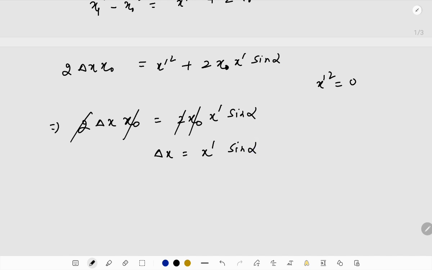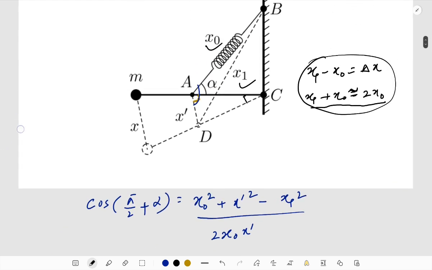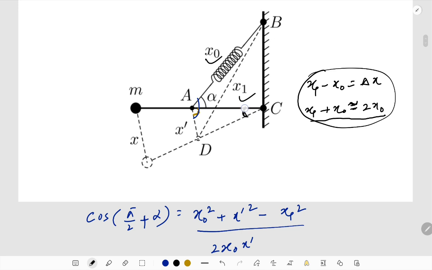And there is a problem. What can we do about x dash? We can do one thing. This angle is quite small, so focusing on this angle, this length is L and this length is L1, and L is the arc length. So I'm going to use L equals R theta.